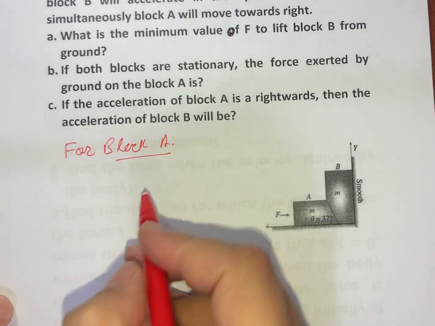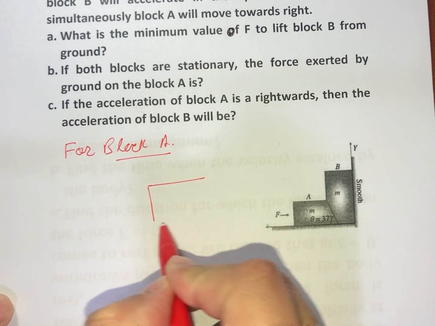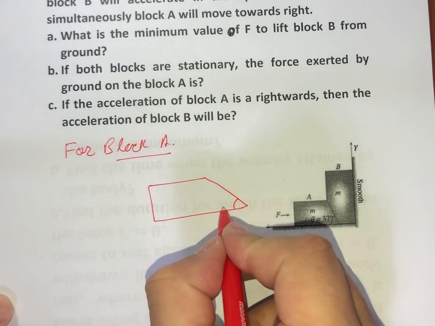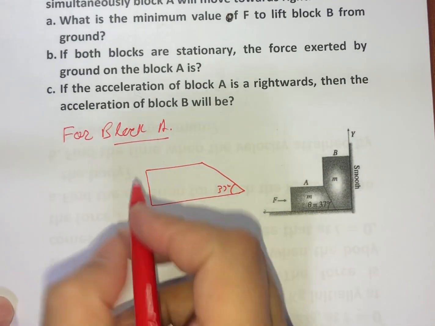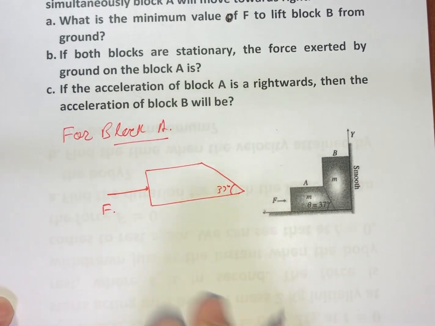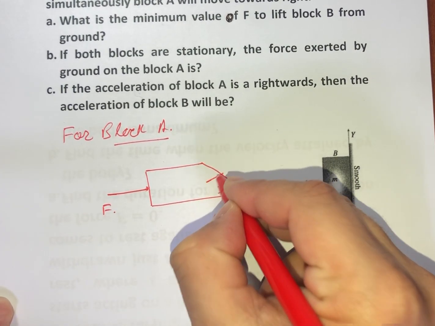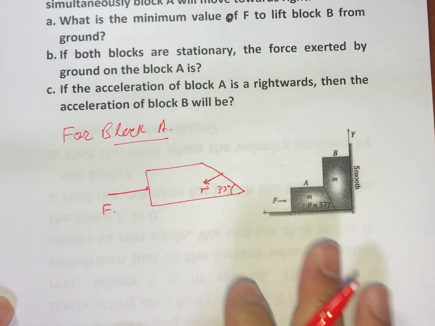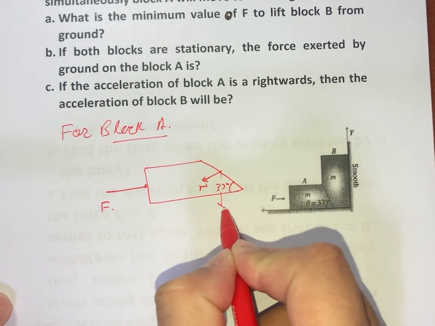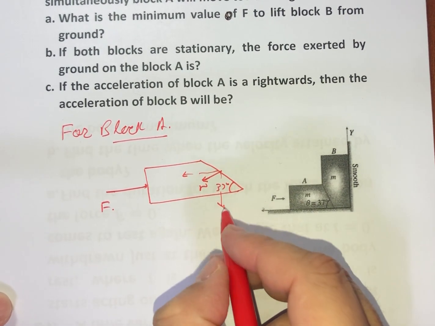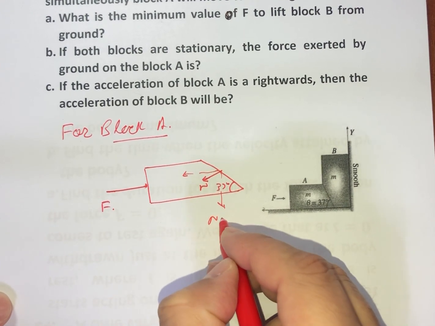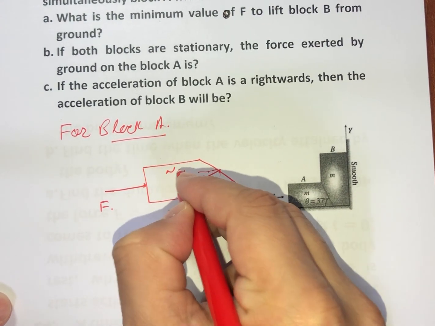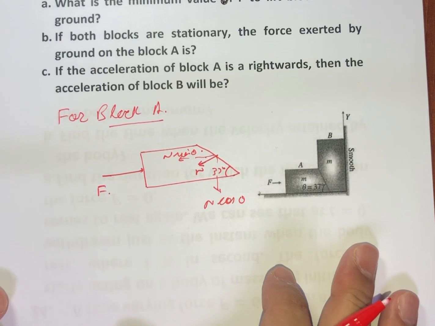For block A, this is our 37 degrees. A force F is being applied on it, and let us suppose there is a normal N because of the contact between A and B, and this normal can be divided into two parts. So this will be N cos theta, and this will be N sin theta.